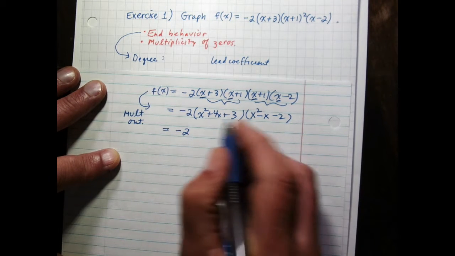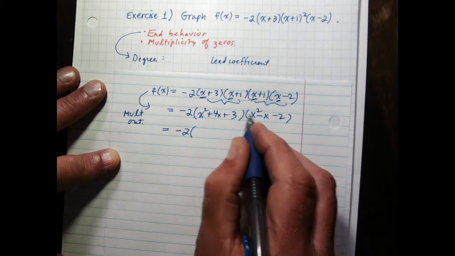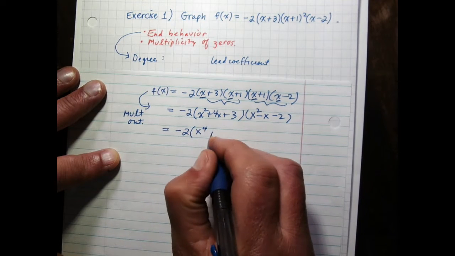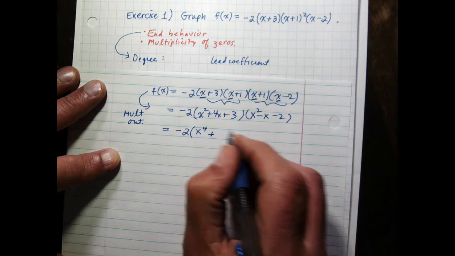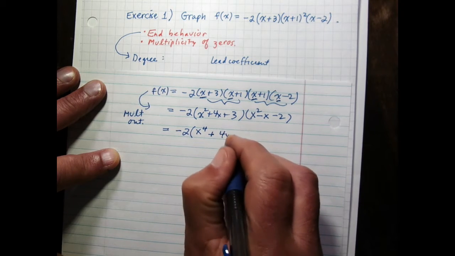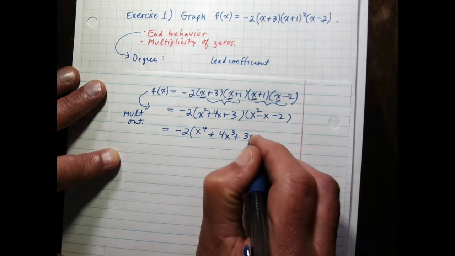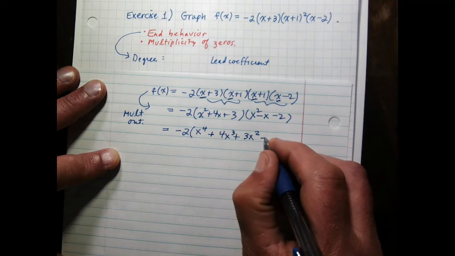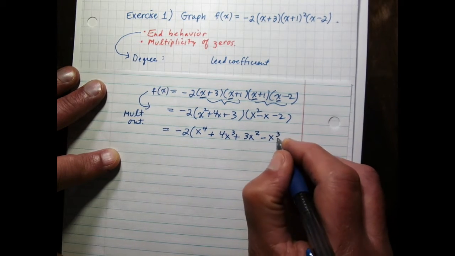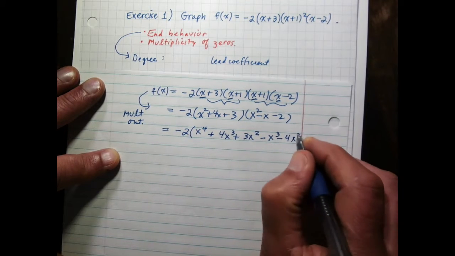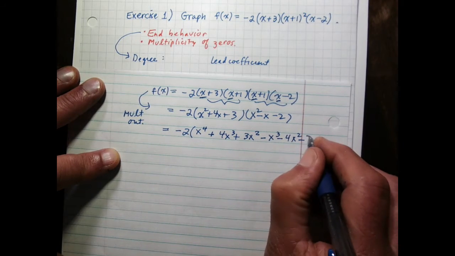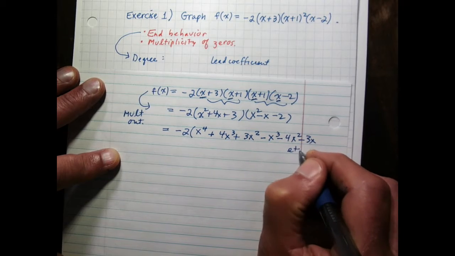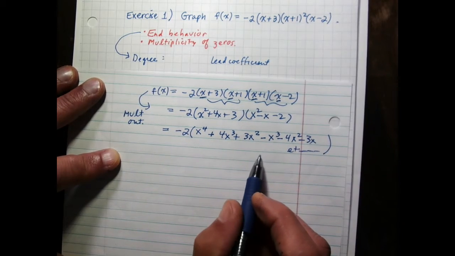In fact, at this point, I could take x squared times x squared is x to the fourth, plus 4x cubed plus 3x squared. I took x squared times each of those, and now minus x cubed minus 4x squared minus 3x, etc. I really don't want to go through all those steps.